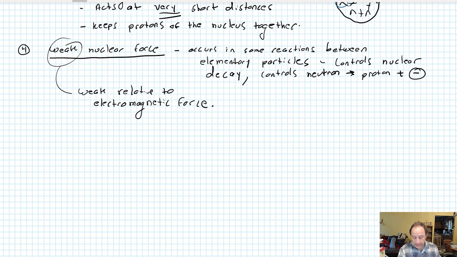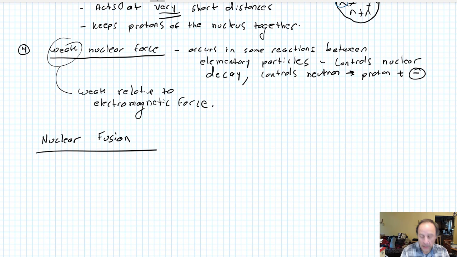Just one little aside, and then we'll be done with this. In today's society, if you don't know about nuclear fusion, you should have at least a basic concept of this. This is what the sun does. In the context of what we were just talking about, the electromagnetic force and the strong nuclear force, basic nuclear fusion is taking two hydrogen atoms and creating a helium atom.